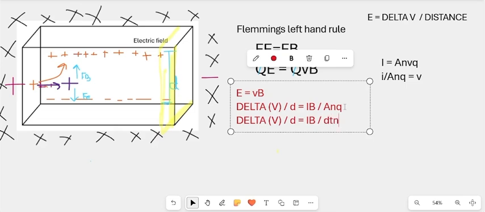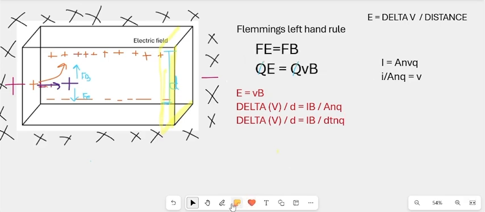over D t N Q. Now, can you notice something common? Yes, I can see a D here, I can see a D here as well. They cut out.